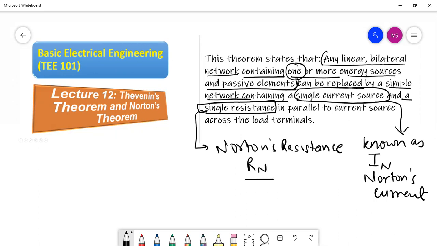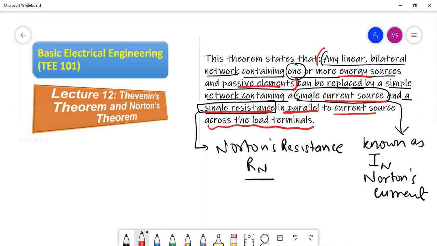So any such network which has all these sources and passive elements can be converted into a simple network which contains just a current source and a resistance connected in parallel to one another across the load terminals.